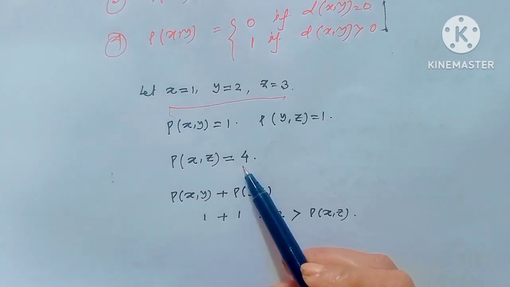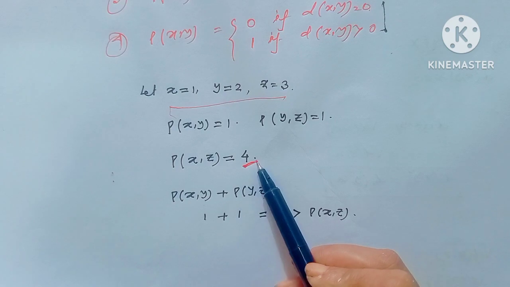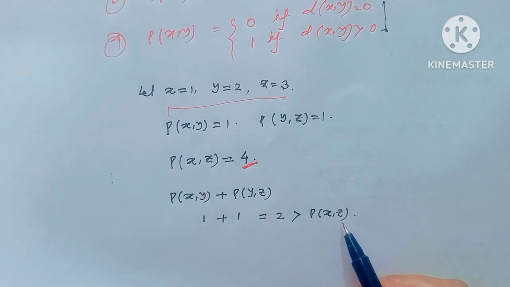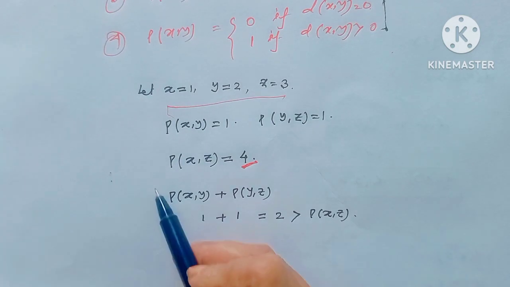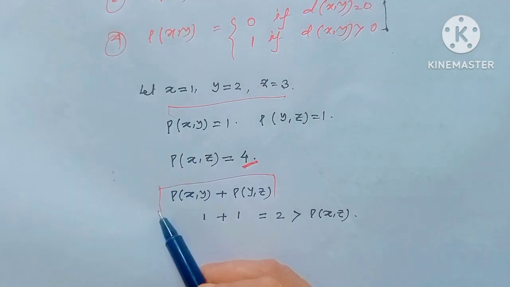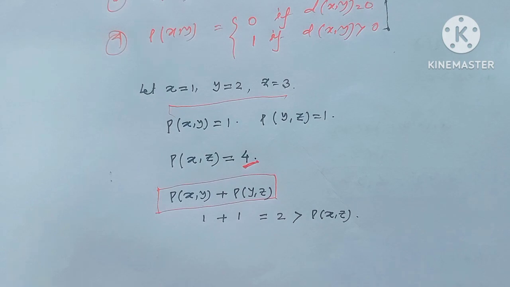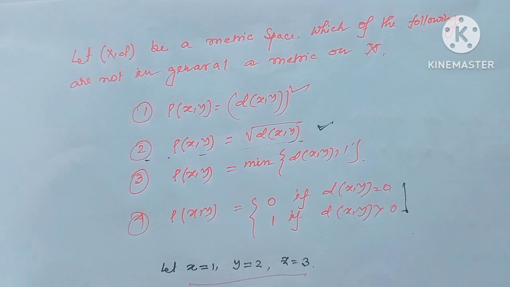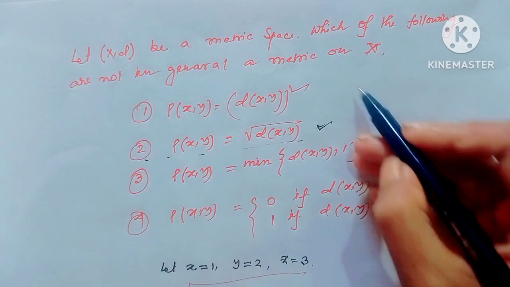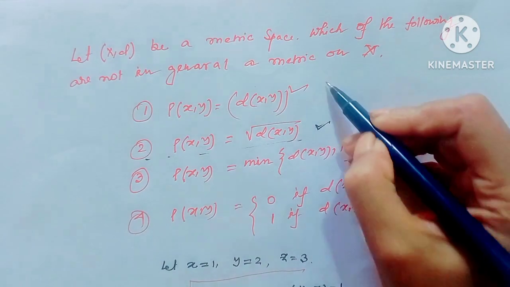But rho of xz equal to 4, which is obviously greater than rho of xy plus rho of yz. Therefore, the triangle inequality has broken here. So obviously, when rho of xy equal to d of xy whole square, this is not a metric.